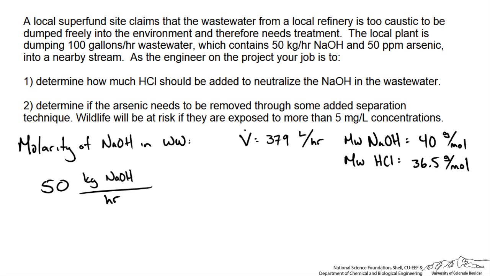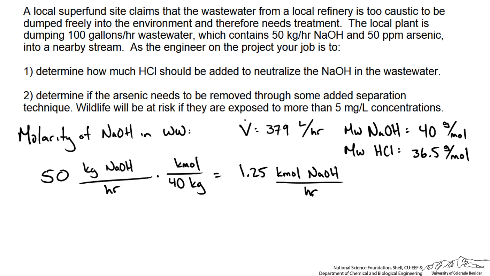So now to use that, we want to translate our 50 kilograms into moles. We divide by the molecular weight. I'm going to write 40 kilograms per kilomole. And this tells us that we have 1.25 kilomoles per hour, or 1,250 moles per hour. So recall, to get the molarity, it's just the amount of moles per liter.